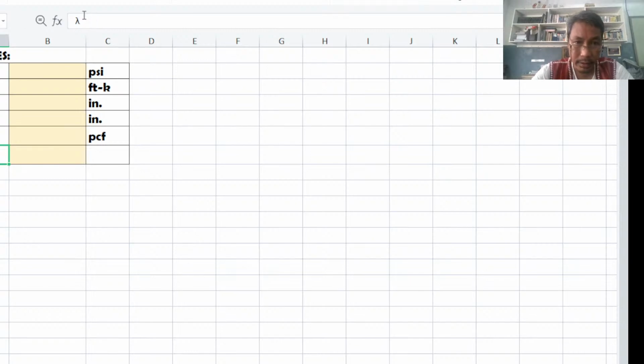Okay, something like that. Then next is lambda.